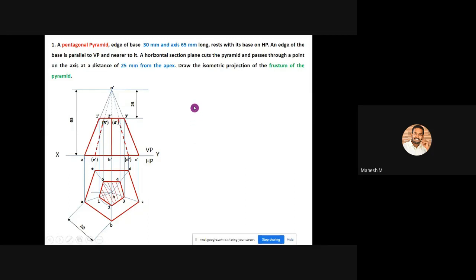With that, we will initially create a rectangular base. From that rectangle, we will convert the rectangle into a pentagon, because here our solid is a pentagon. What is our condition for the rectangle? Two sides should be parallel.